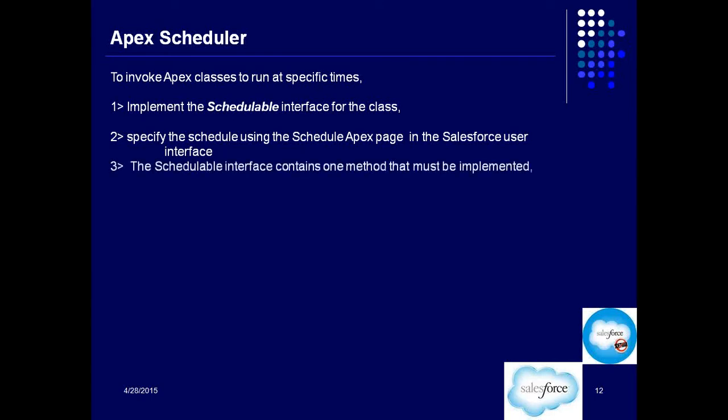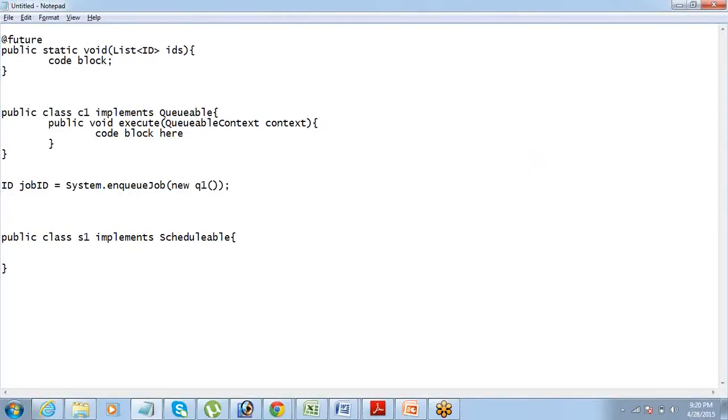The Schedulable interface contains one method that must be implemented, which is again the global void execute, the same execute method. So you can just say public void execute, and here it should be SchedulableContext, something, and then your code here.